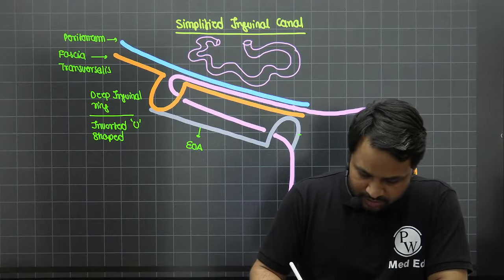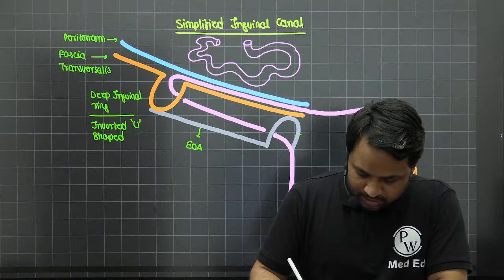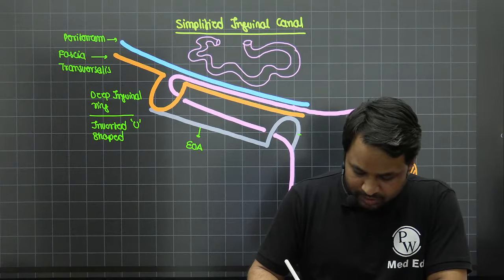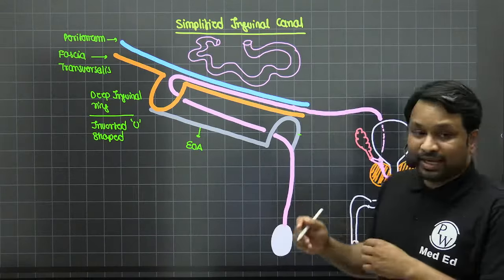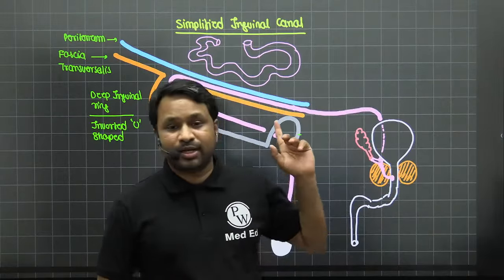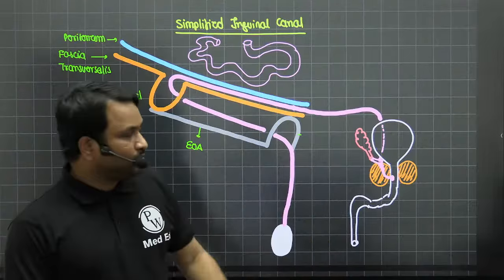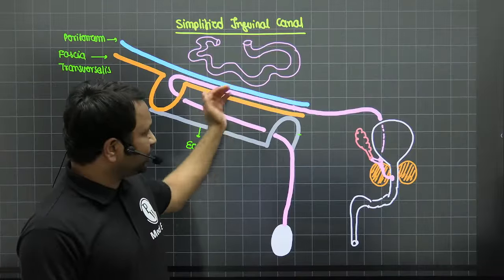It goes behind the bladder, and then together it is going to combine with the seminal duct. Together they form the ejaculatory duct, goes through the prostate gland, opens into the prostatic urethra, and the opening in the prostatic urethra is what we call the verumontanum. This is the journey of your vas deferens.